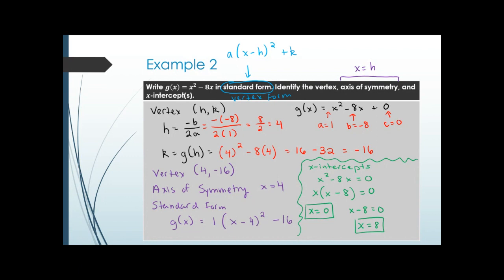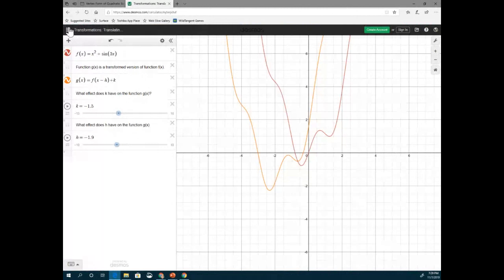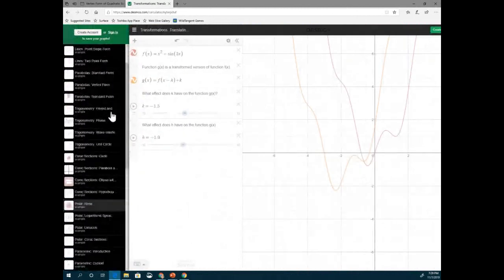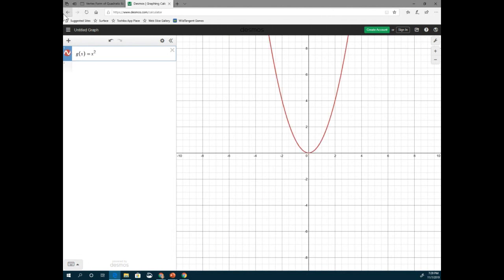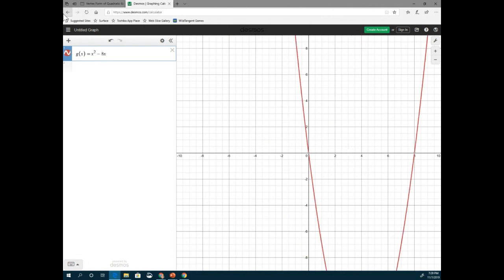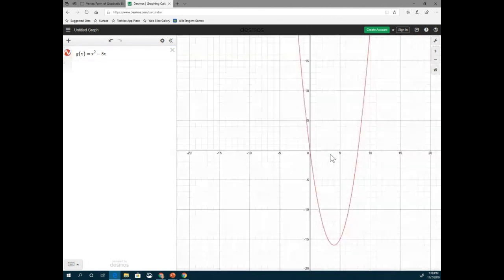Okay, so let me throw my graph up then. Let's just do a new blank graph. I'm going to graph the original one, g of x equals x squared minus 8x. And then I'm going to zoom out so that you can see that.